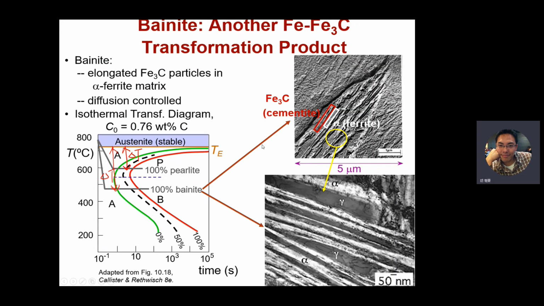For example, with the pearlite structure, we heat the temperature to reach around here, close to the eutectoid temperature, and we heat the bainite structure to a certain temperature right here, close to the eutectoid temperature, for a long time.